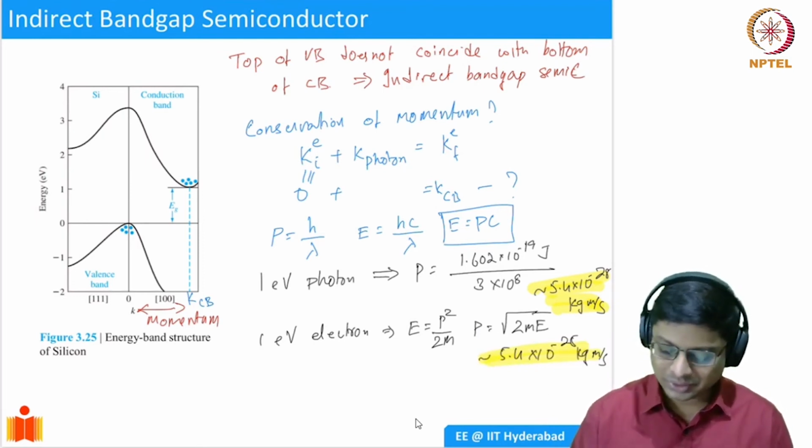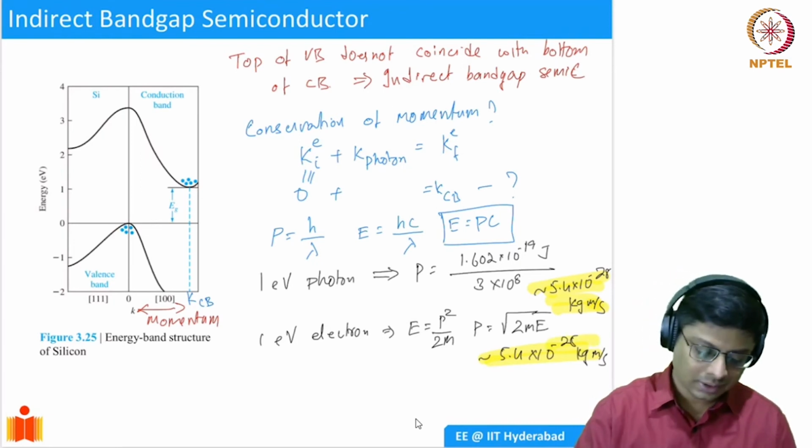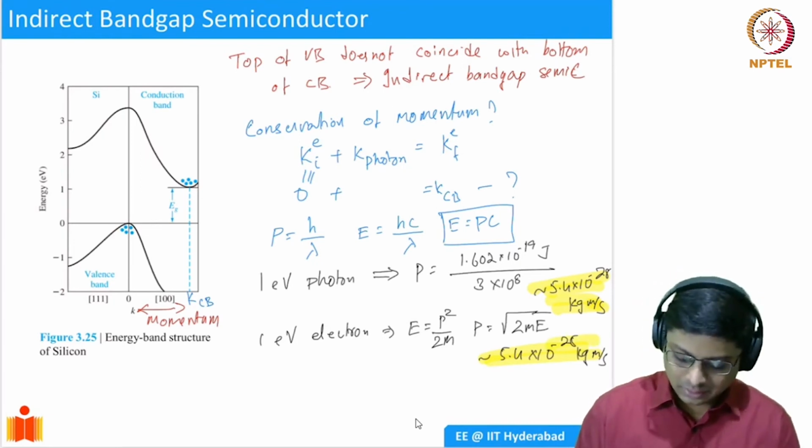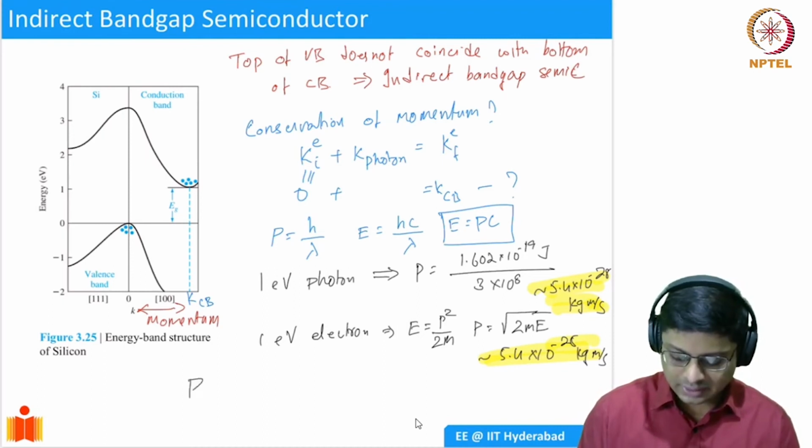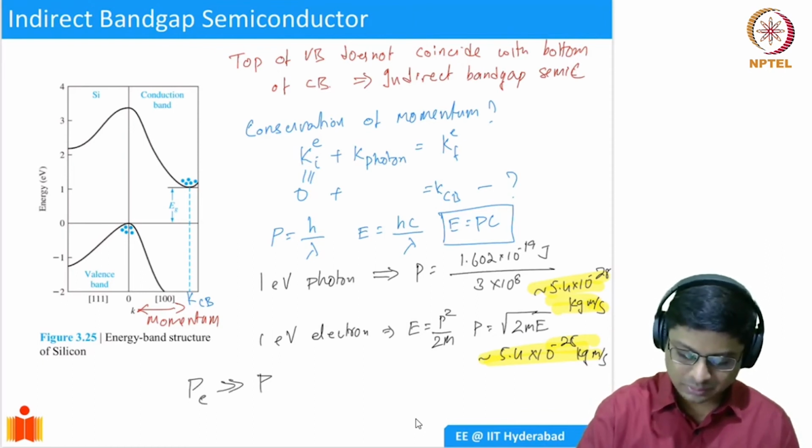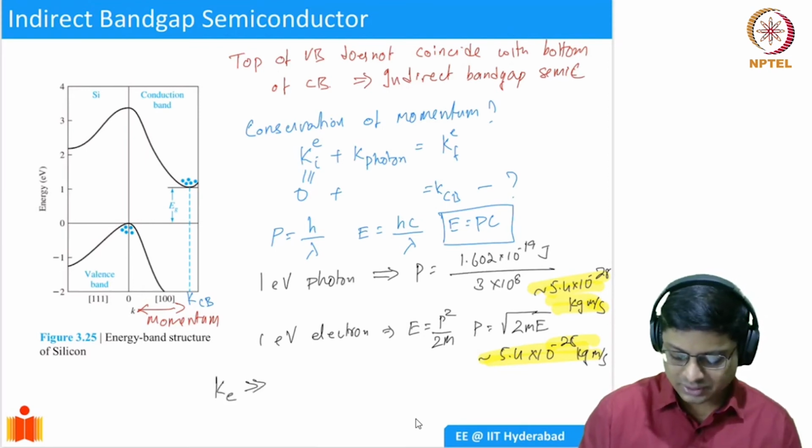So what is the conclusion? The conclusion is that the momentum of an electron is much, much greater than the momentum of a photon. Or rather, since we use K at the top, let's say K electron is much, much larger than the K photon.